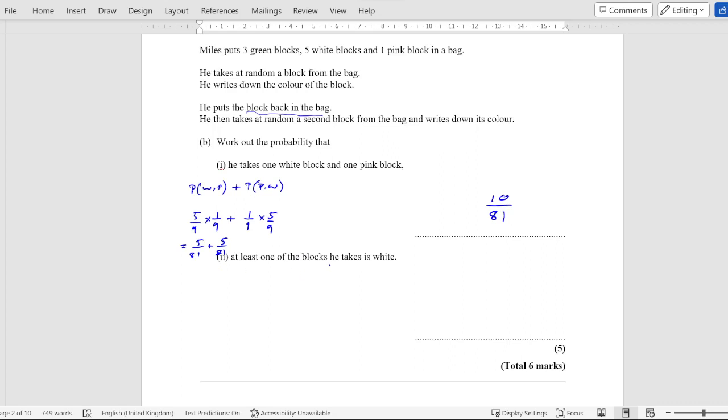At least one of the blocks he takes is white. If I'm after the probability of at least one of the blocks being white, I could have done this in quite a complicated manner. The way I'm going to do it is 1 minus the probability of no white.